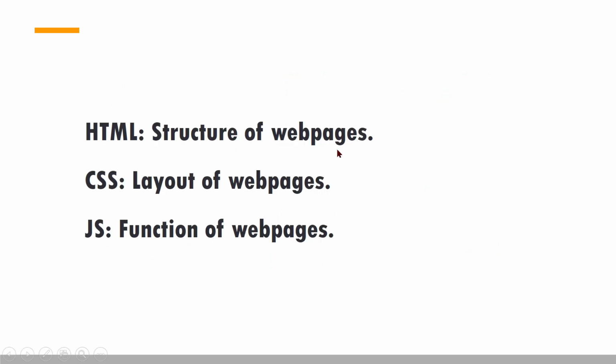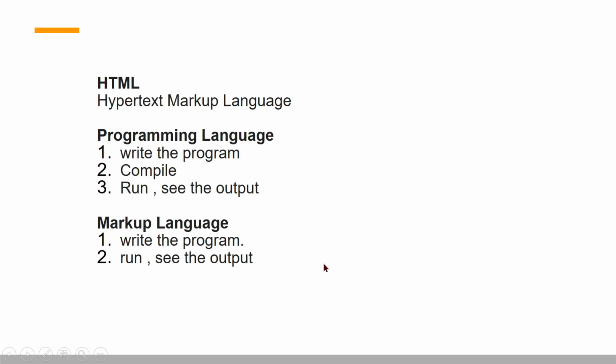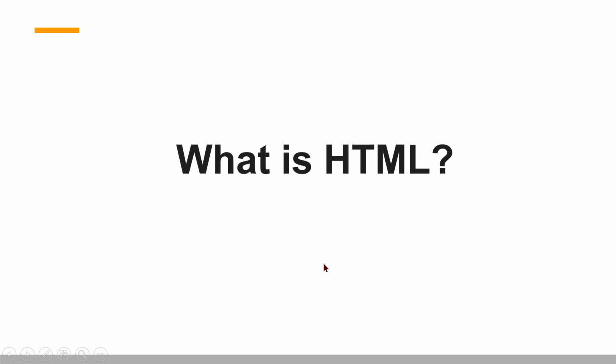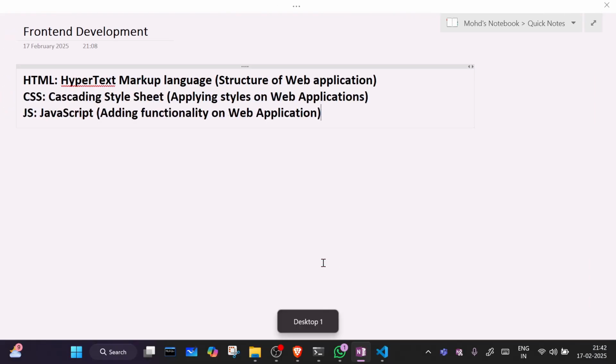HTML is the structure of a web application, the layout of a web page. JavaScript adds the functionality in the web page. When we talk about HTML, is HTML a case sensitive language or not? No, sir. HTML is not a case sensitive language.